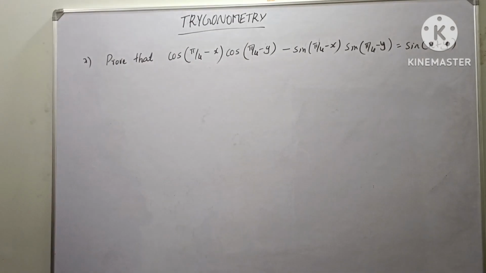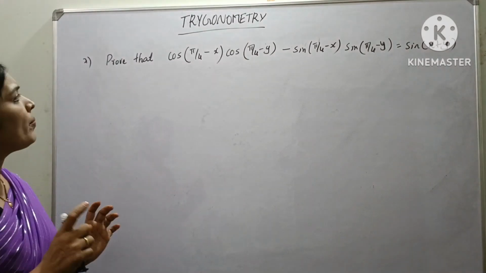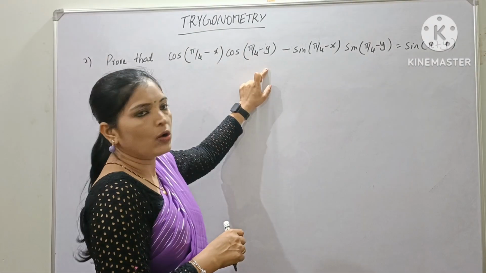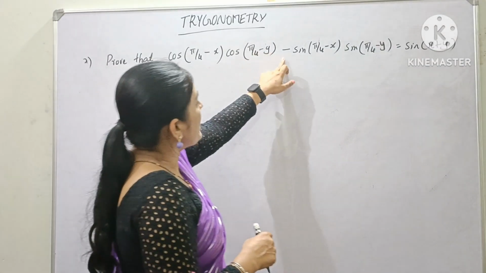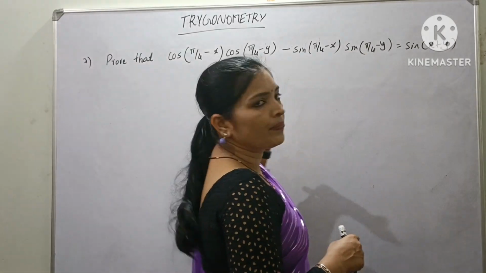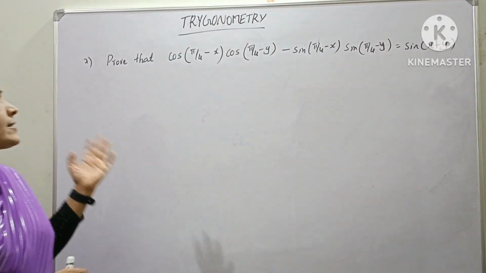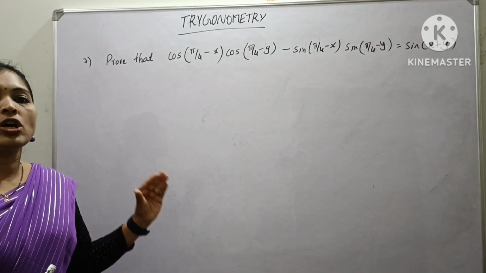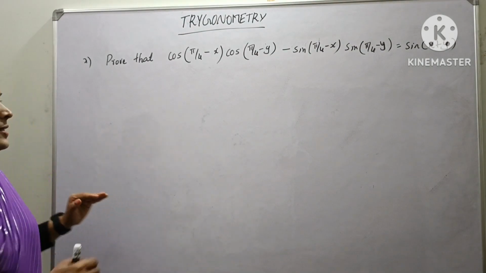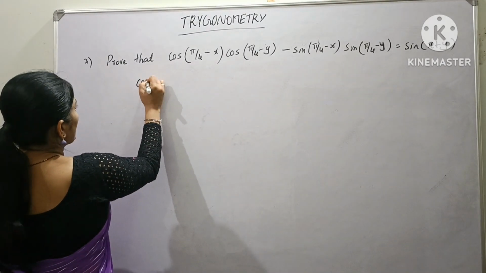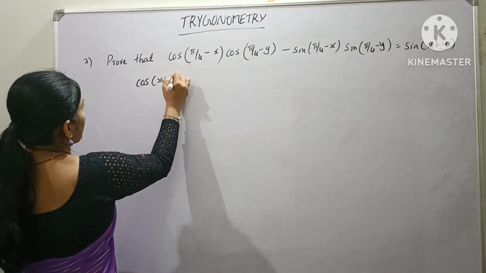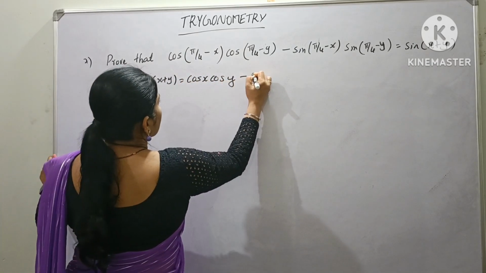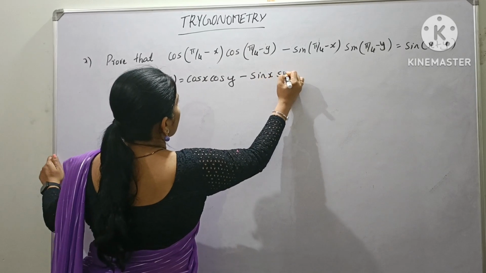See here, the given LHS is in the form of cos x cos y minus sin x sin y, isn't it? That is nothing but cos of x plus y.